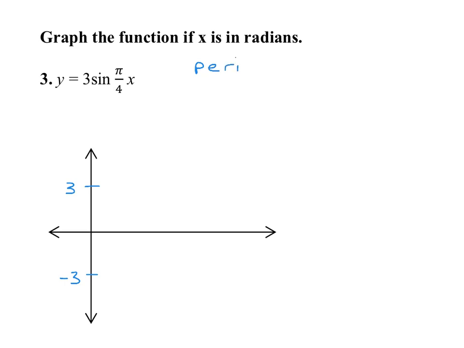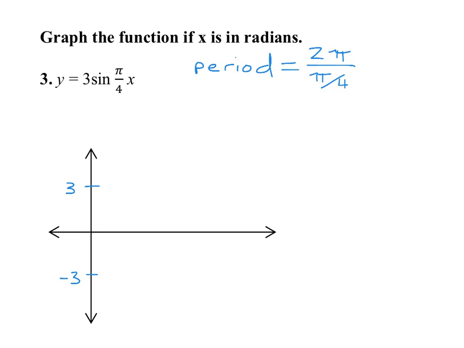So remember, the period is you take the b value, and usually you put that under 360, but this is in radians. So what's equivalent to 360? 2 pi. So we're going to take 2 pi and divide it by the b value, which is pi over 4.